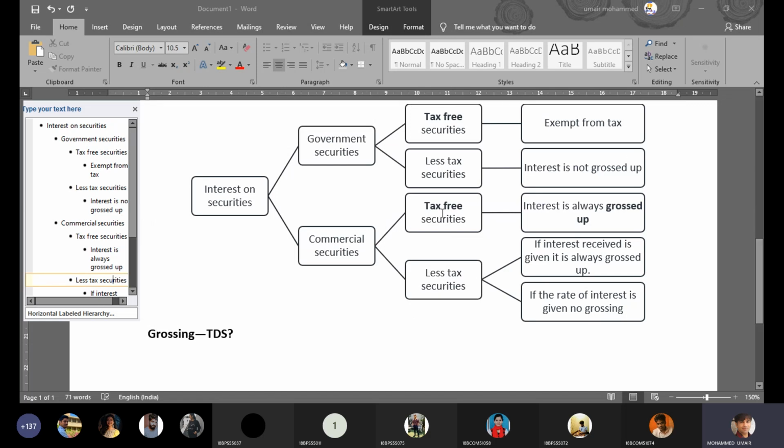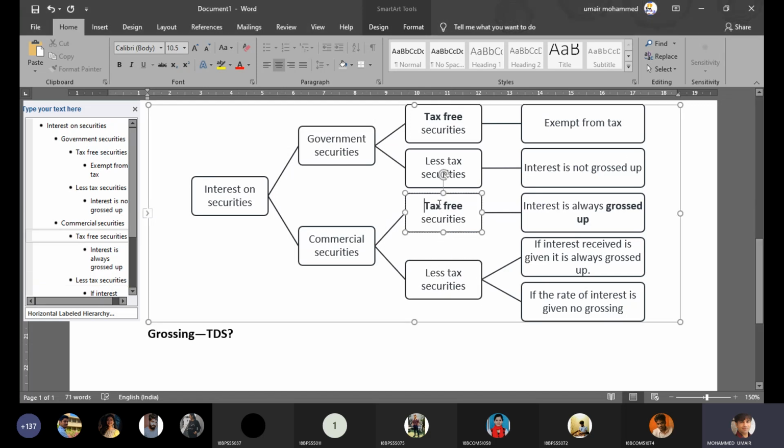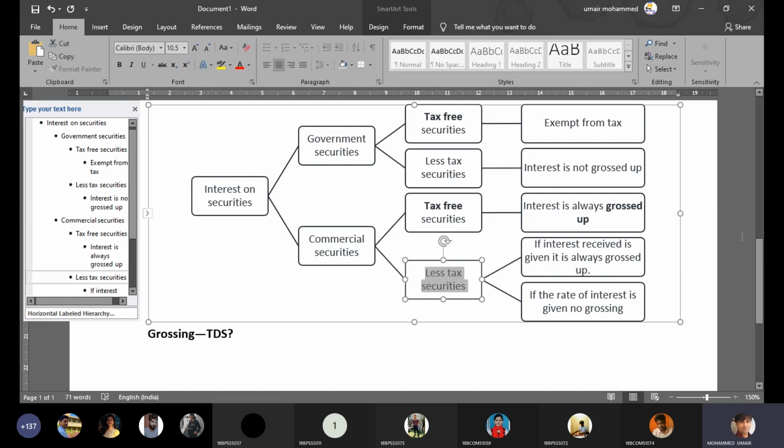So what happens here is that the burden of tax is borne by the issuing company. But here the burden of tax has to be borne by the investor. So the issuing company will deduct tax and give net income. So that's the difference between less tax securities and tax-free securities.